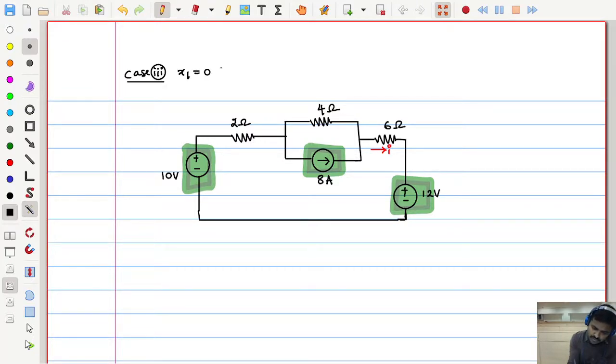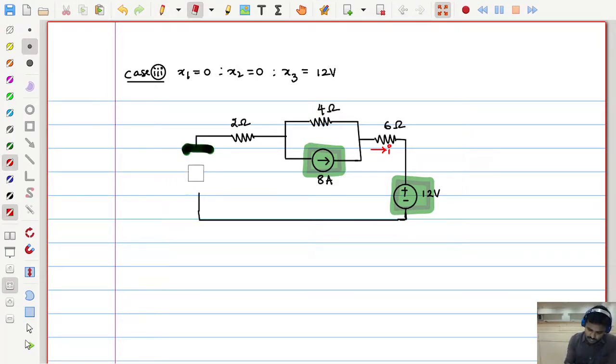X1 is equal to 0, X2 is also 0, only X3 is left, which is 12 volts. With this condition I want to remove X1 and X2, and X3 will be there. X2 is a current source, so I need to replace it with an open circuit. X1 is a voltage source, so I need to replace it with a short circuit.